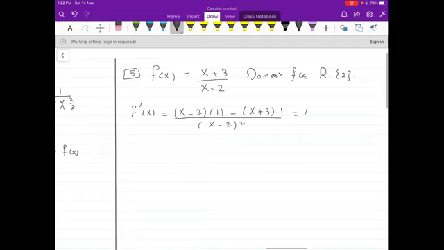This is equivalent to (x minus 2 minus x minus 3) divided by (x minus 2) squared, so you get f prime of x equal minus 5 over (x minus 2) squared.